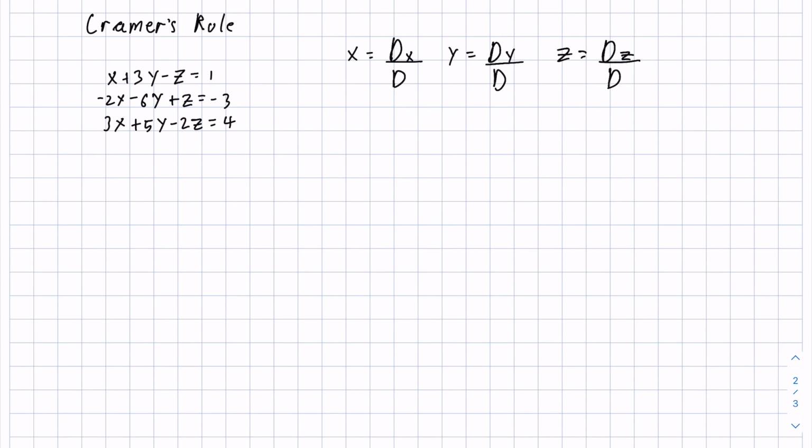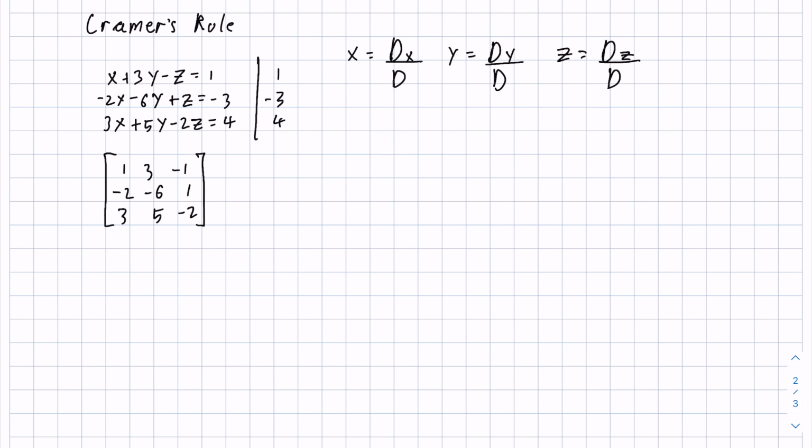In this version, I only convert the coefficients into matrices. Three, 5, -2. Now that we did that, I'm simply going to keep the 1, -3, and 4 here, because it'll be a little more accessible.